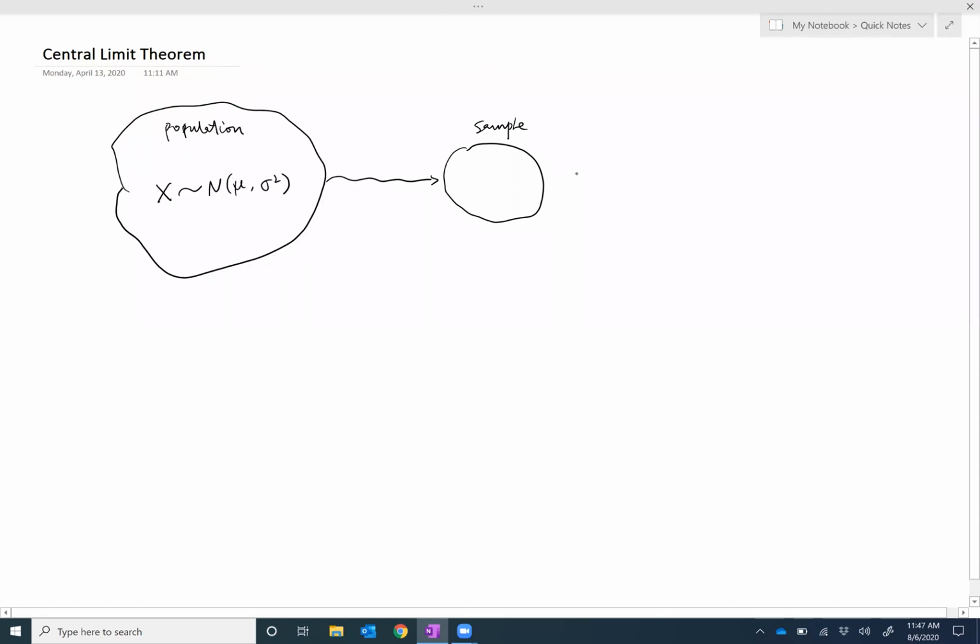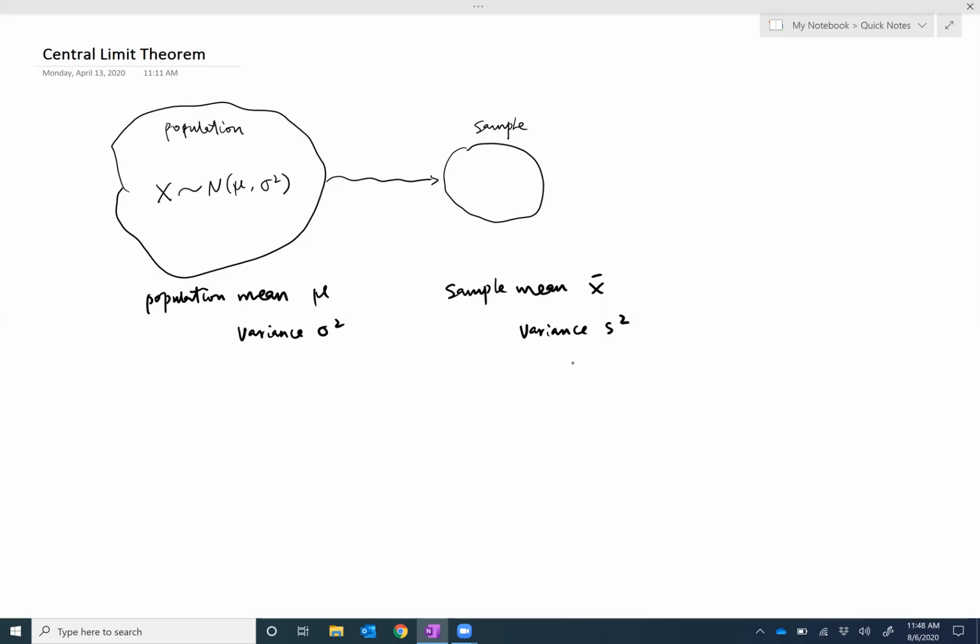This is the population mean and the population variance, mu and sigma square. And the sample mean is x bar and the variance is s squared. Notice the difference, and we are using different notations to represent the population mean and the sample mean.